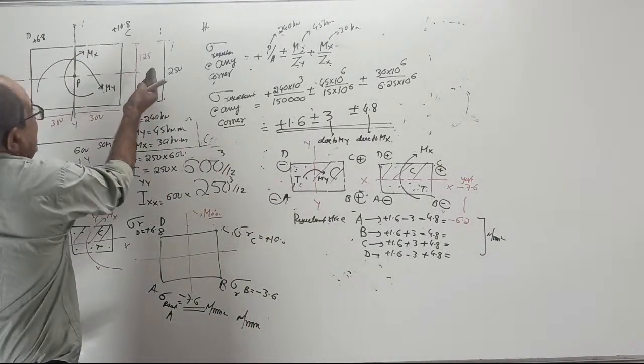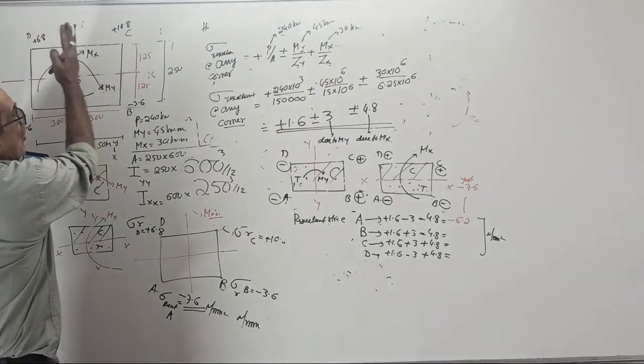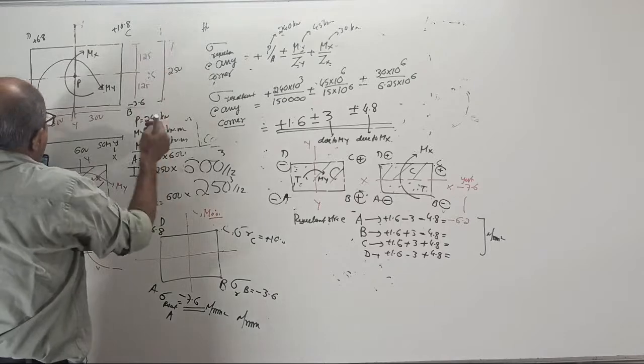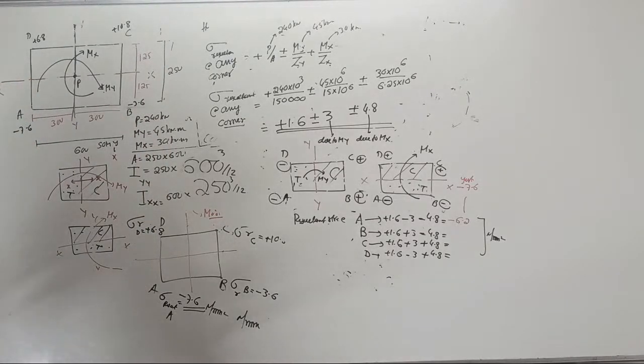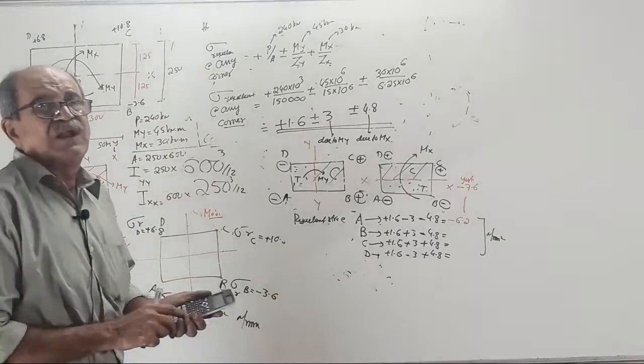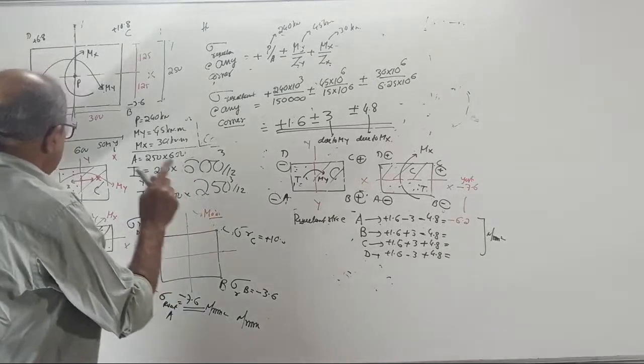Moment about Y is 45 you told, and Z about Y is 250 into 600 square by 6. If this is the mistake you make, I have to stop the class and upload a recorded version. Moment about Y, I asked you repeatedly.